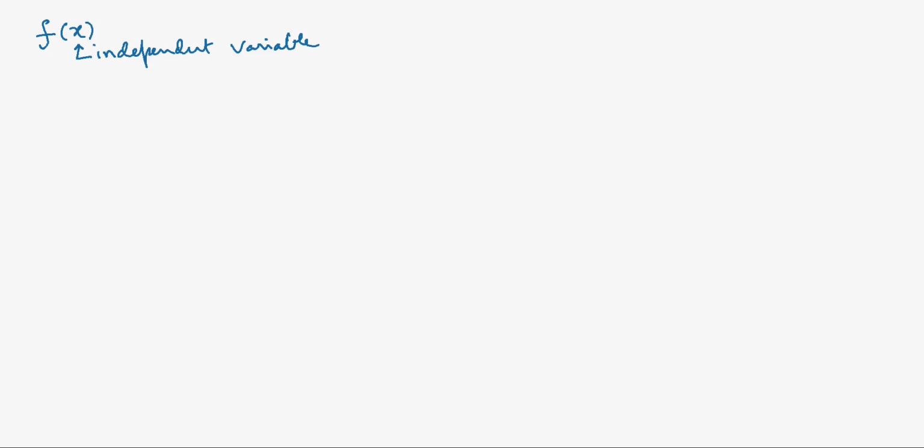When we know that an independent variable like time is changing, we are asking how the dependent function or variable is varying with respect to that change. That's the thing we are questioning.